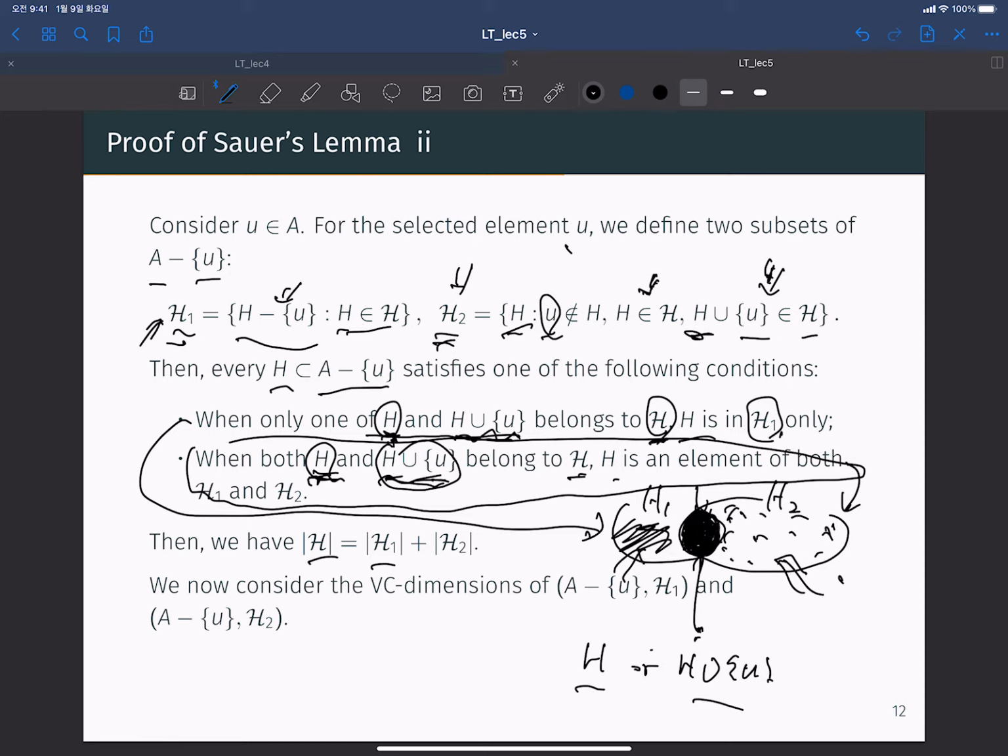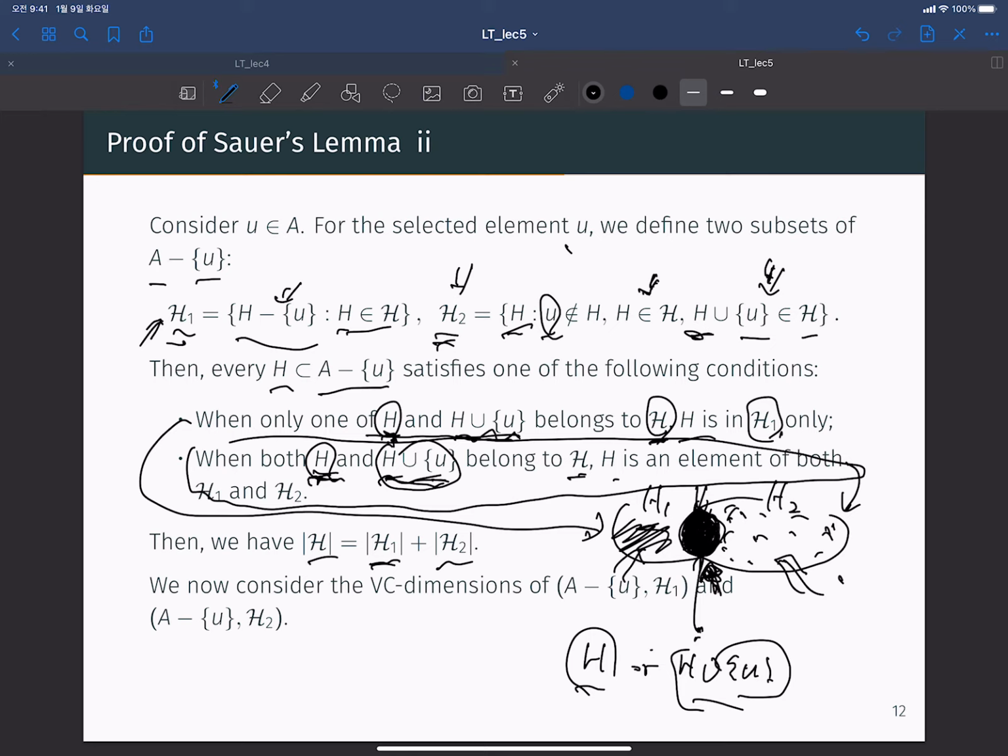So the sum of cardinality H1 and cardinality H2 basically counts this intersection part twice, but that is fine because this intersection part generates two different hypotheses by using the hypothesis itself and the hypothesis union U. Right.